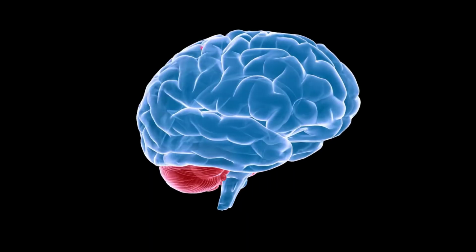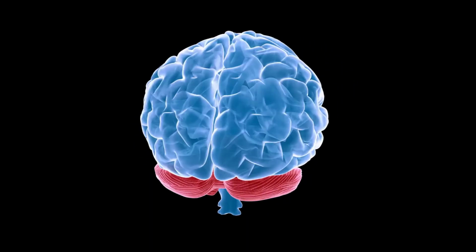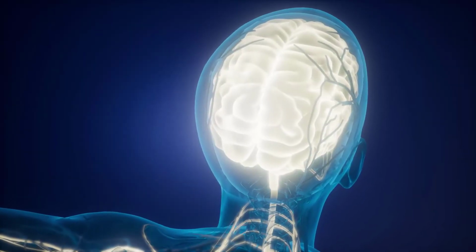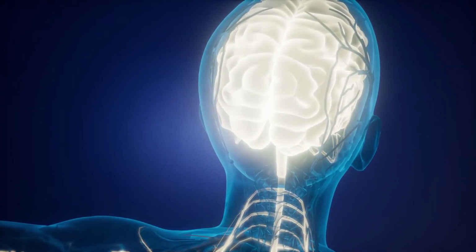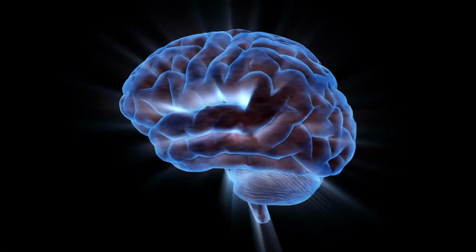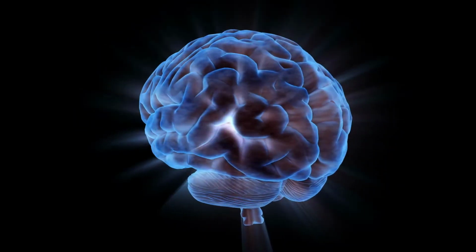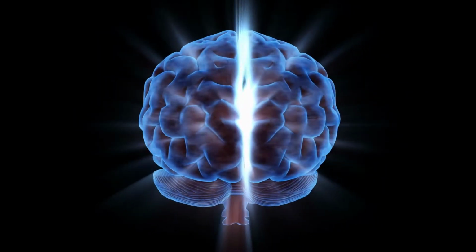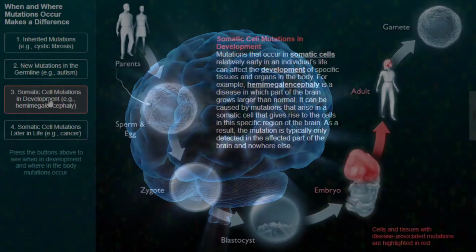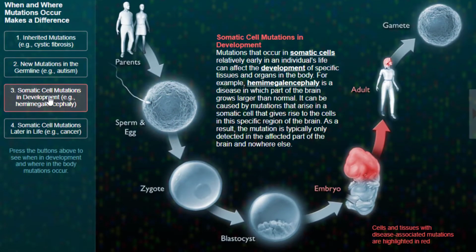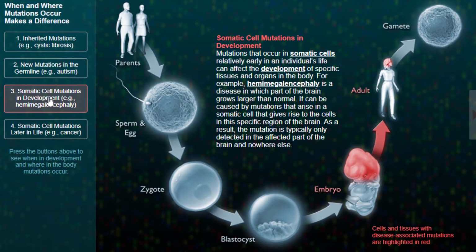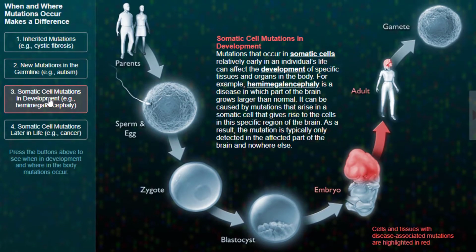It can be caused by mutations that arise in somatic cells that give rise to the cells in the specific area of the brain. As a result, the mutation is typically only detected in the affected part of the brain and nowhere else in the body. Here, we see the cells and tissues associated with the disease-causing mutation highlighted in red.